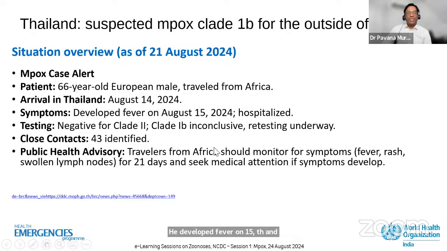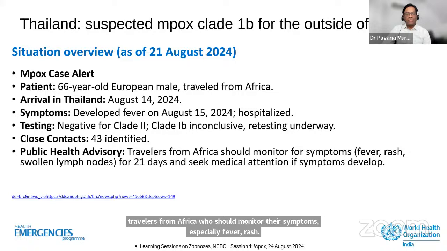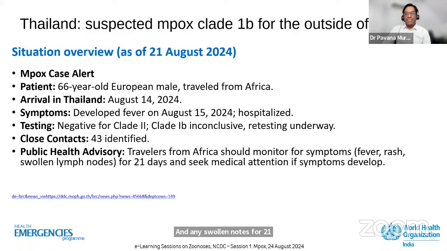Thailand has done close contact tracing. They have identified 43 contacts, and a public health advisory has been given to travelers from Africa who should monitor their symptoms, especially fever, rash, and any swollen lymph nodes for 21 days, and seek medical attention if symptoms develop.